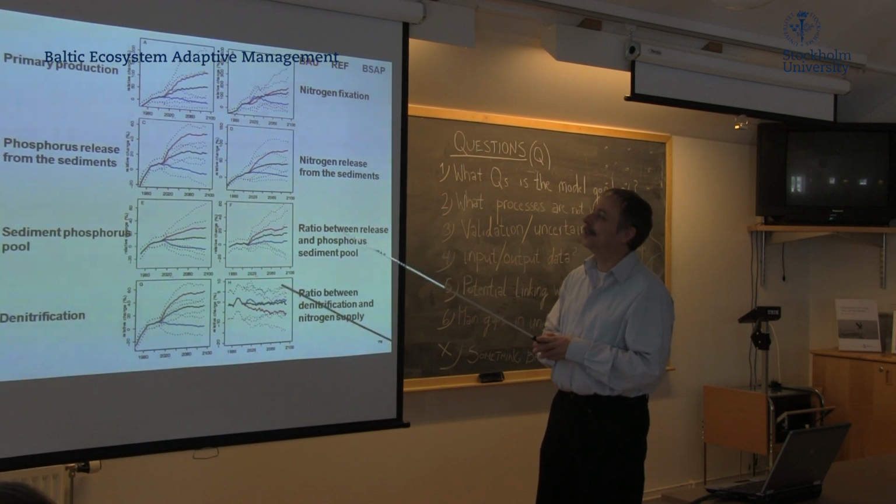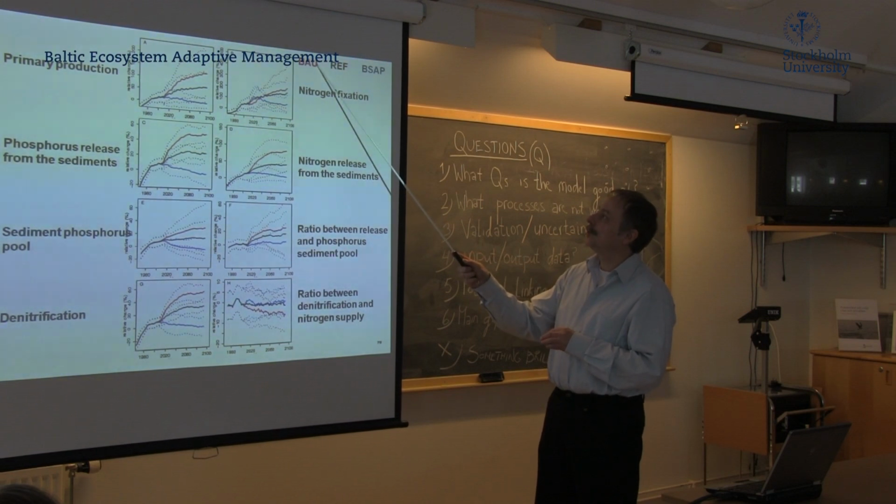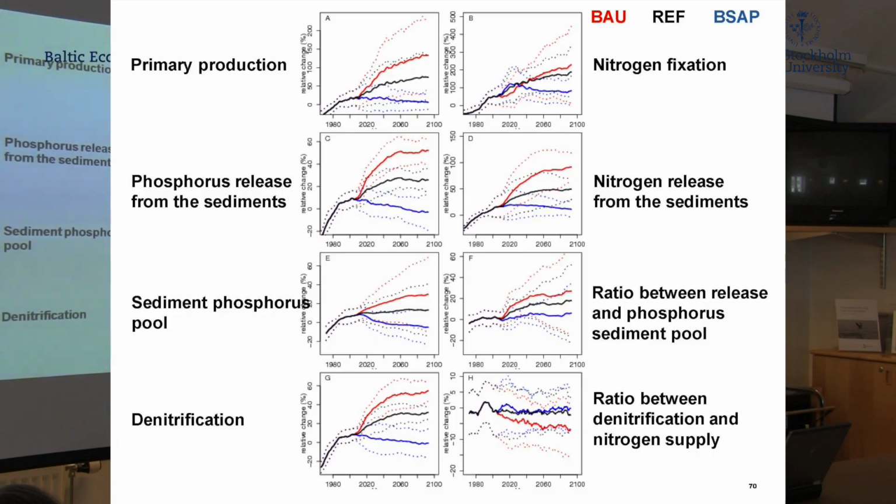Okay, it shows for the different scenarios, business as usual in red, reference, Baltic Sea Action Plan, again the sample mean and the range of uncertainties in the dotted curves. Primary production, nitrogen fixation, phosphorus release from the sediments, nitrogen release from the sediments, sediment phosphorus pool, ratio between release and phosphorus sediment pool, denitrification, and the ratio between denitrification and nutrient supply.